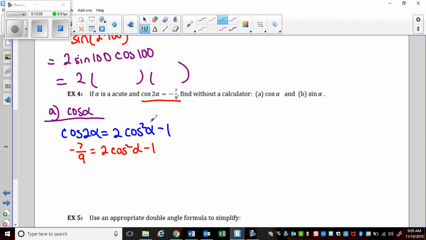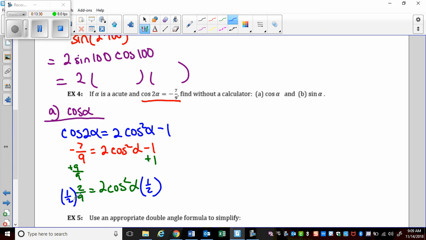So what I'm going to do is add 1. If I'm adding 1 over here, I'm going to add 9 over 9, so it's a common denominator. Negative 7 plus 9 is just 2 over 9. Positive now. 2 cosine squared alpha. I'm going to multiply by 1/2 to get rid of that 2, because it's a fraction on the left-hand side.